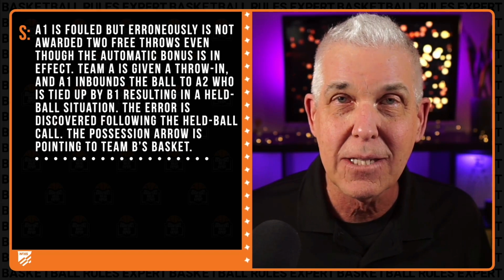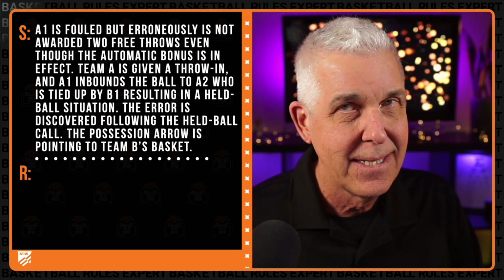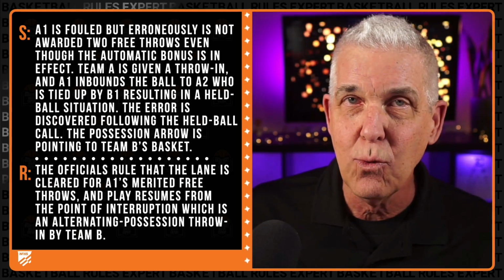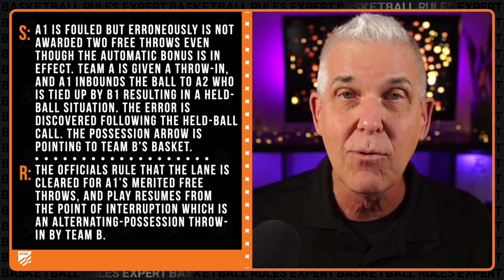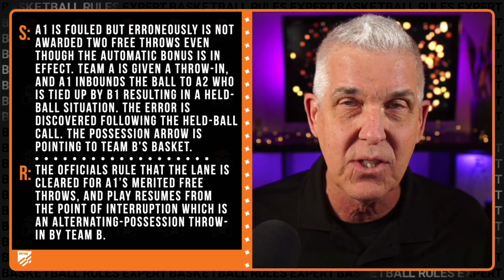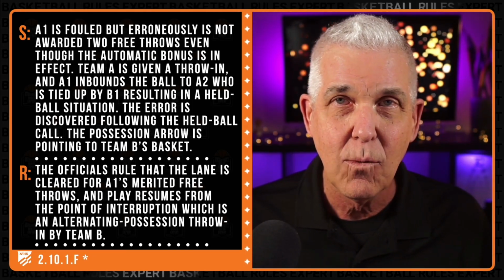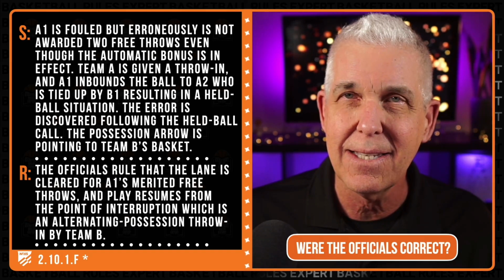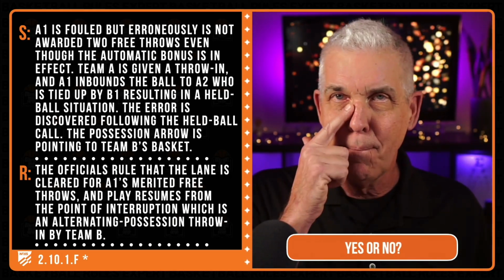The possession arrow is pointed to Team B's basket. The officials rule that the lane is cleared for A1's merited free throws, and play resumes from the point of interruption, which is an alternating possession throw-in to Team B. Were the officials correct in this instance? Yes or no? Right, this could be a puzzler.